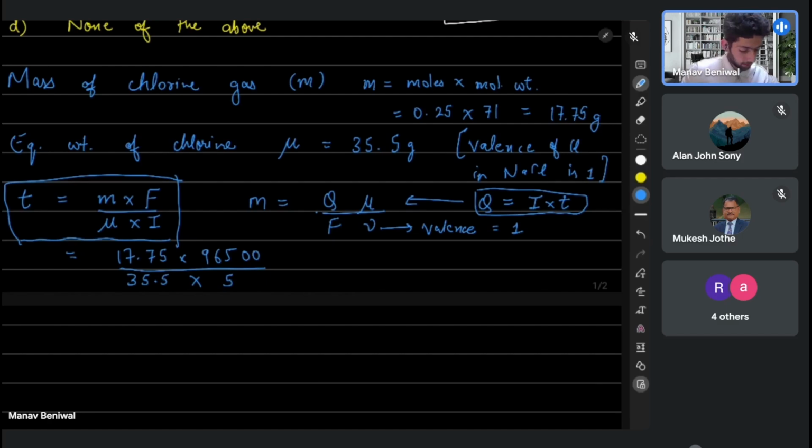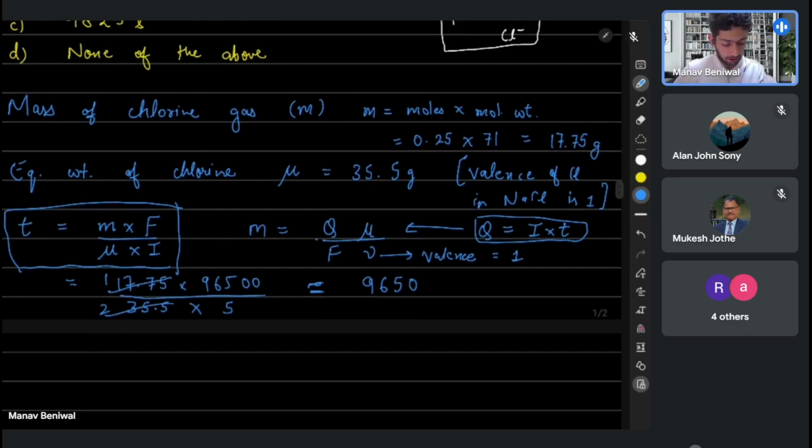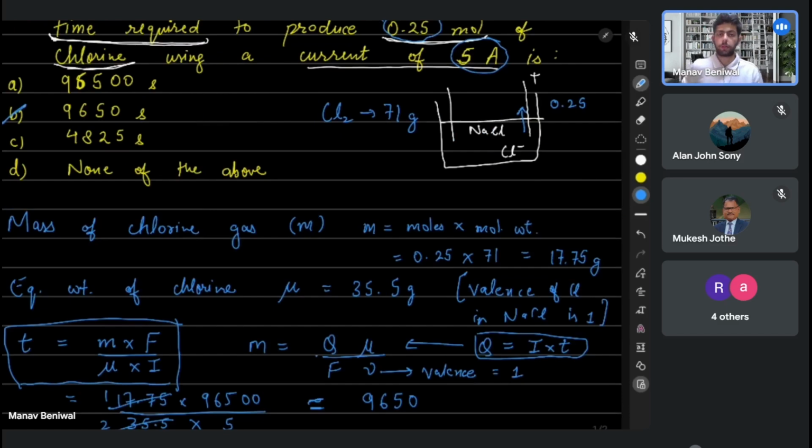And if we solve this, we get 9650, because this will just give 1, and this will give 2, and this will give 10, and then this will give 9650. So the correct option will be option B, 9650 seconds.